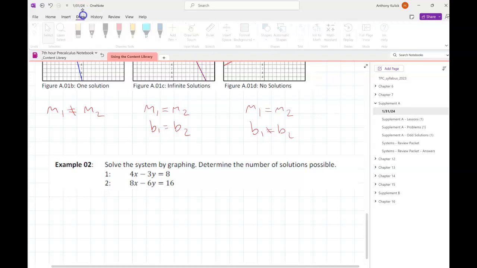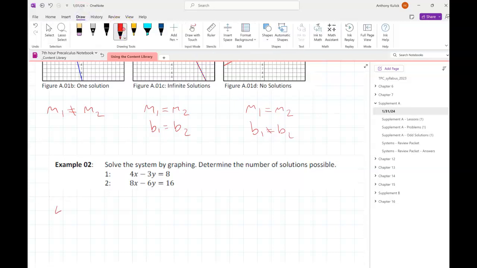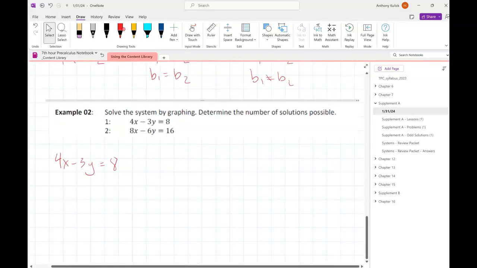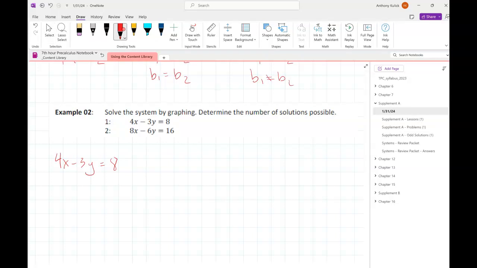Okay. So just like before, we're going to start with equation 1. And we're going to write that in slope-intercept form. What do I need to do first to get into slope-intercept form? Great. And I'm going to do that by subtract 4x from both sides.